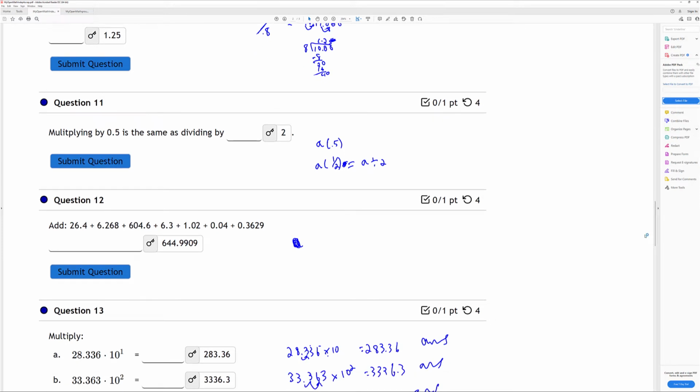Multiplying by 0.5 is the same as dividing by 2. So you can see I have 8 times 0.5, which is the same thing as multiplying by half, which is also the same as dividing by 2. And add the numbers here. You add them as if they were whole numbers, putting in 0 placeholders.